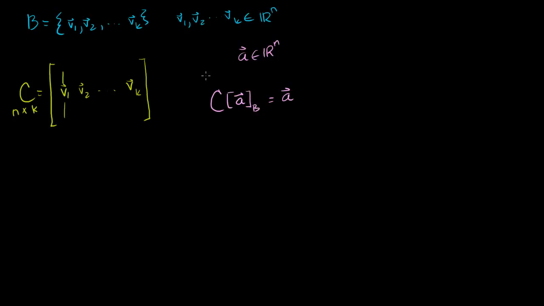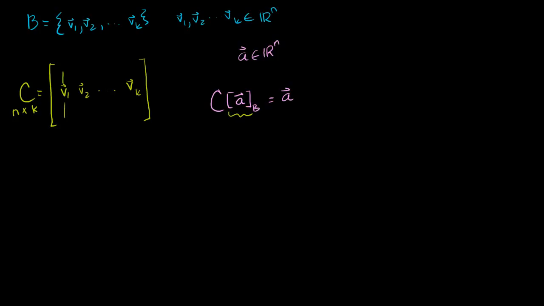If I have the coordinates of A with respect to B, I can multiply it by the change of basis matrix, and I'll get my vector A in standard coordinates. Or if I have my vector A in standard coordinates, then I can solve for my vector A in coordinates with respect to B.